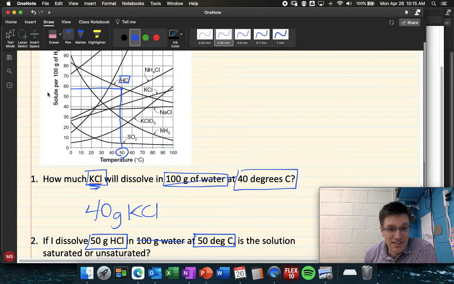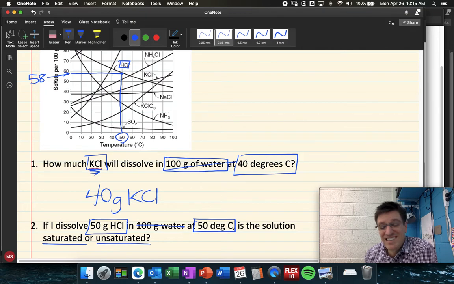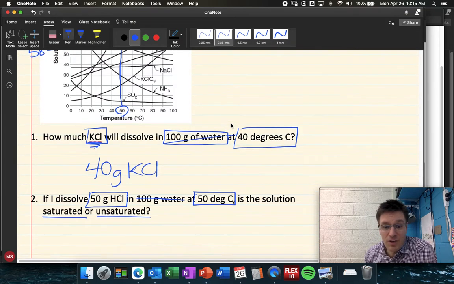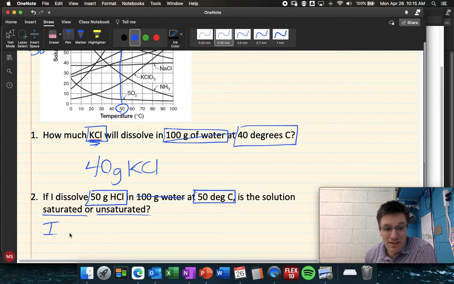And I see that number right there. It looks to be almost 60, so maybe 58. The graph tells me that I could dissolve 58 grams of HCl in that water. So what I'm going to write is the solubility is 58 grams.